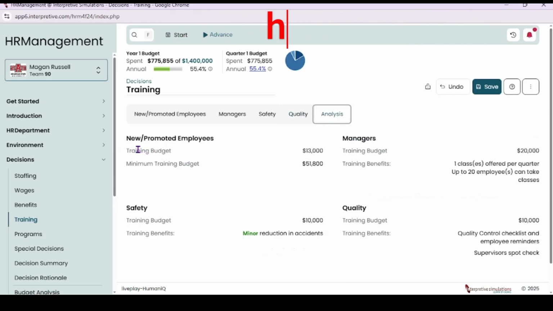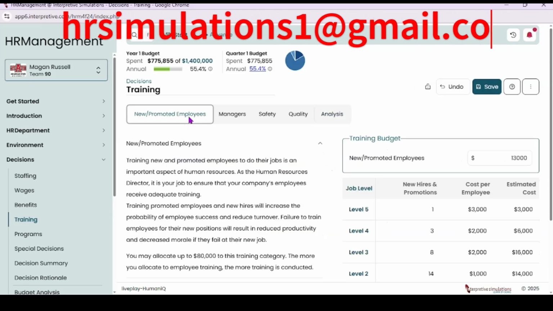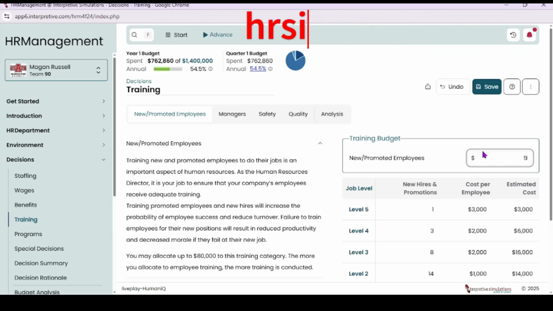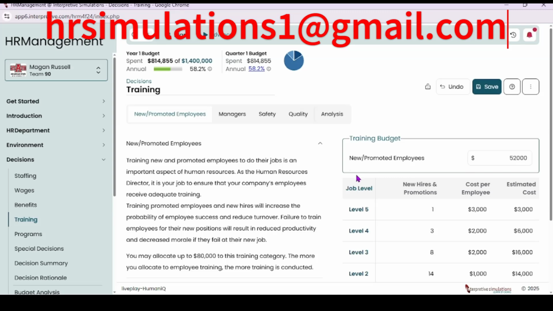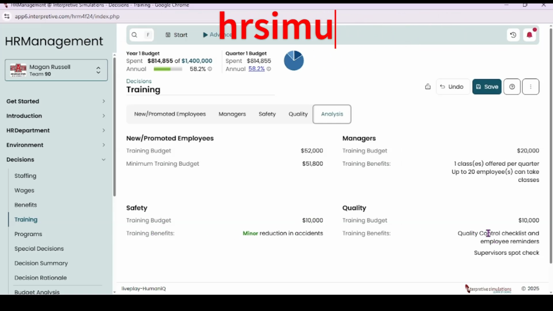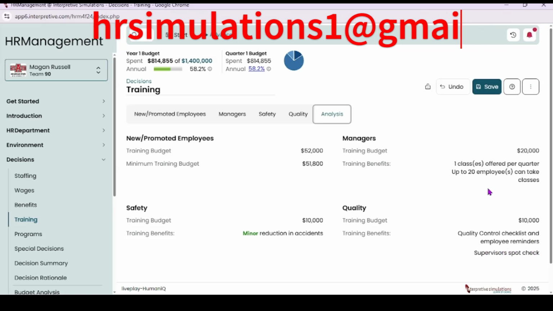So training budget for new employees, actually the minimum training budget should be 51,000. So let me just change it to around 52,000. Then for safety, training budget should be 10,000. Quality check, control checklist, and maybe employee reminders, supervisor spot check.